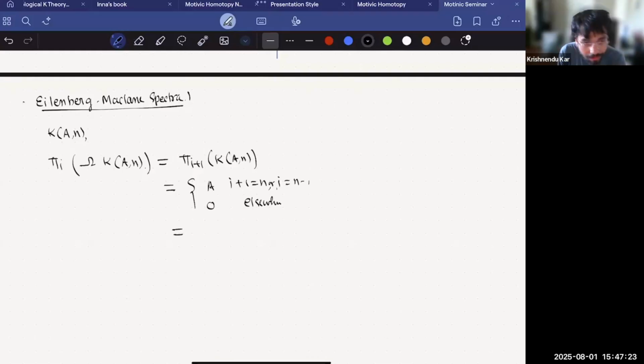What is this? This is your Eilenberg-MacLane space, but now of rank n-1. Right? And this is exactly the omega spectrum. So the loop space of K(A,n) is your K(A,n-1).